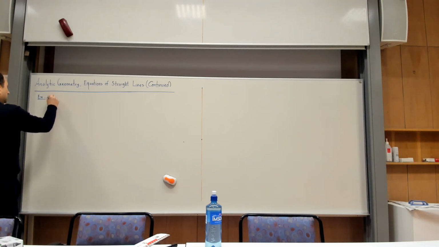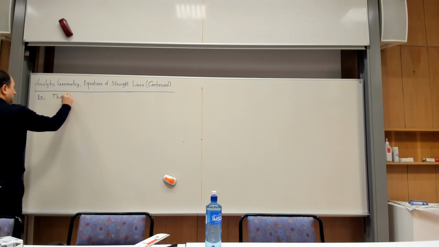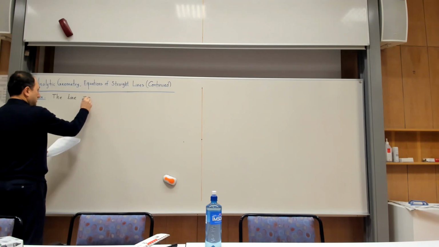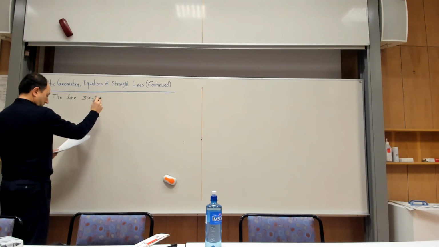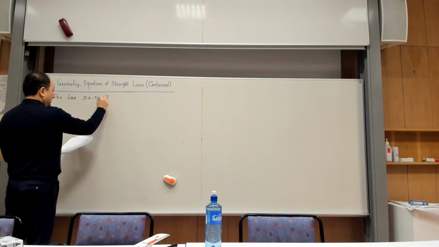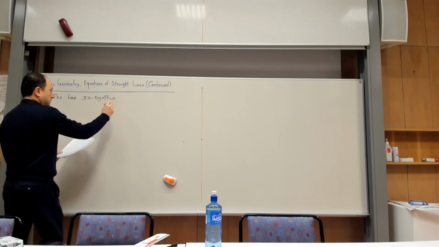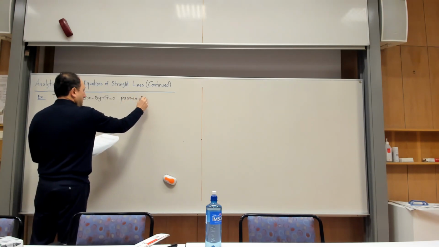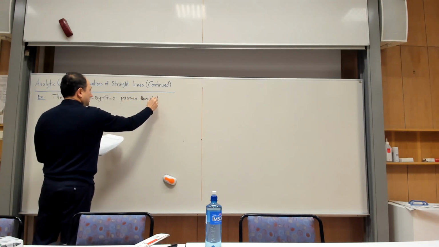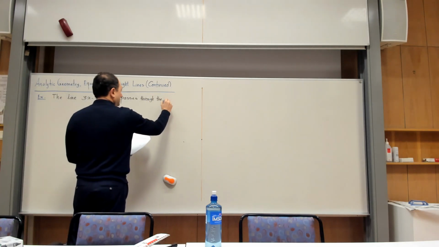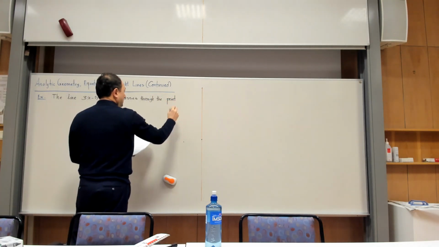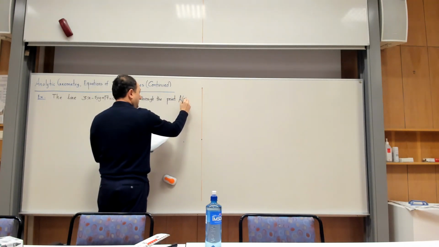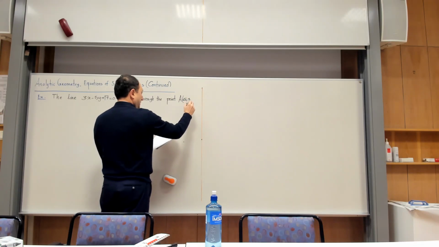The line 3x minus 5y plus 17 equals 0 passes through the point A with coordinates 2t minus 3 and t plus 4.